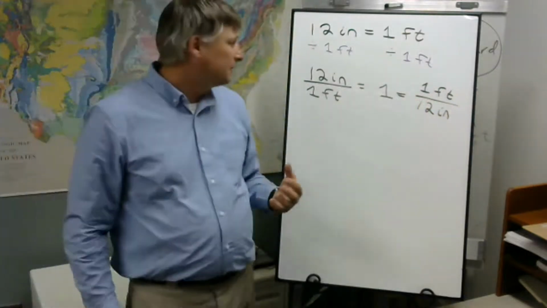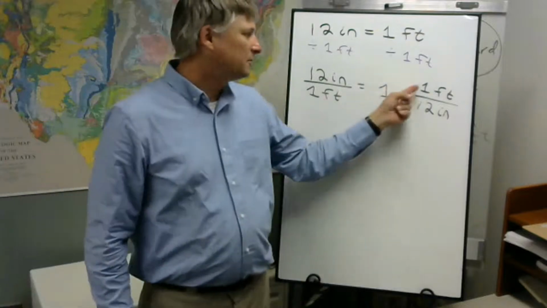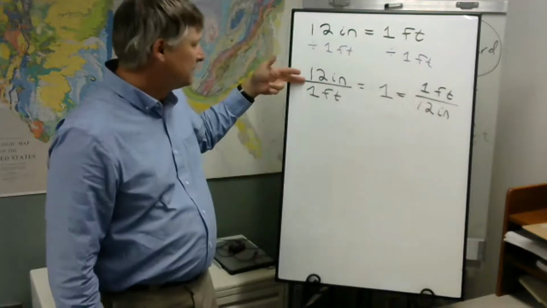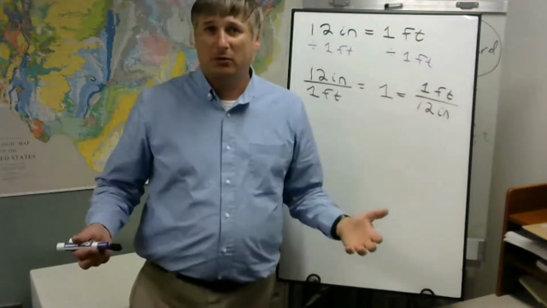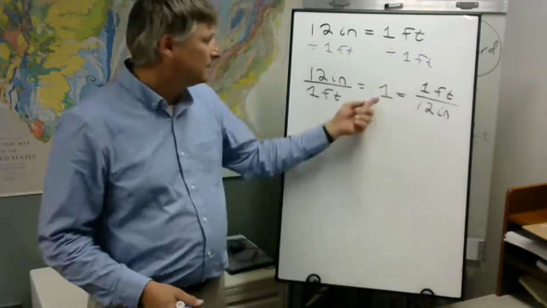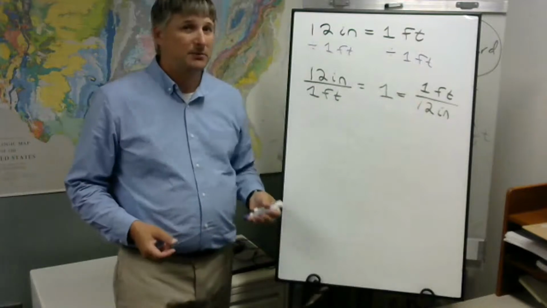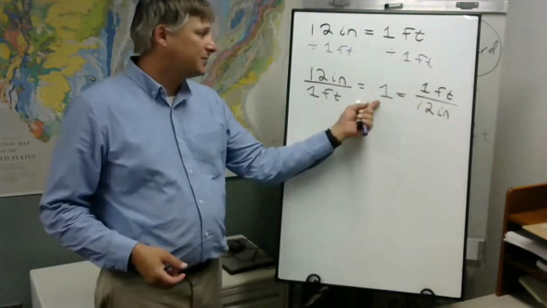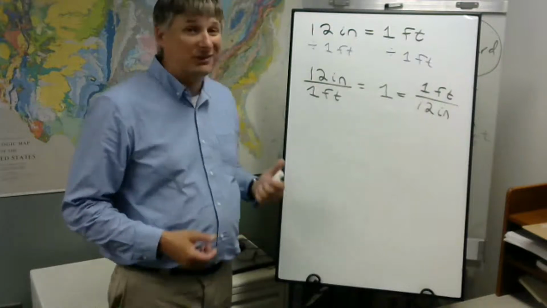So the point is, whether it's 12 inches over a foot or a foot over 12 inches, same lengths, and a ratio of the same things is going to give you 1. This is going to help us do our conversions, because we're going to use multiplication by 1. It doesn't change anything.